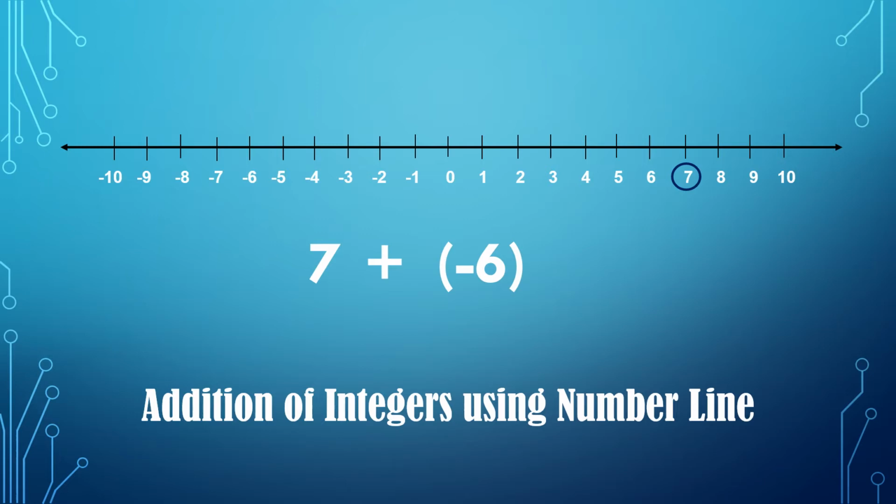So let's count. 1, 2, 3, 4, 5, and 6. It stops at positive 1. So positive 7 plus negative 6 is positive 1.